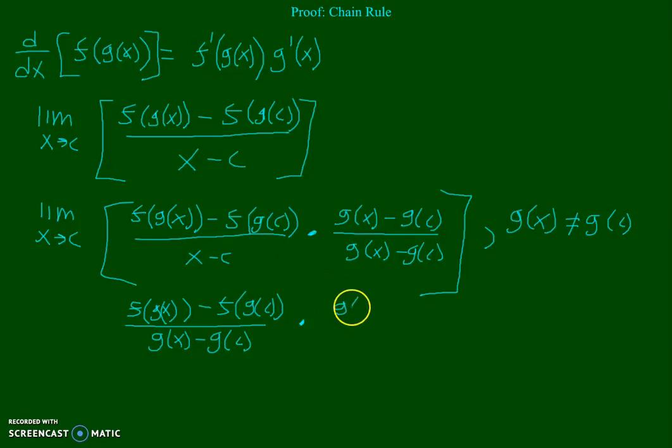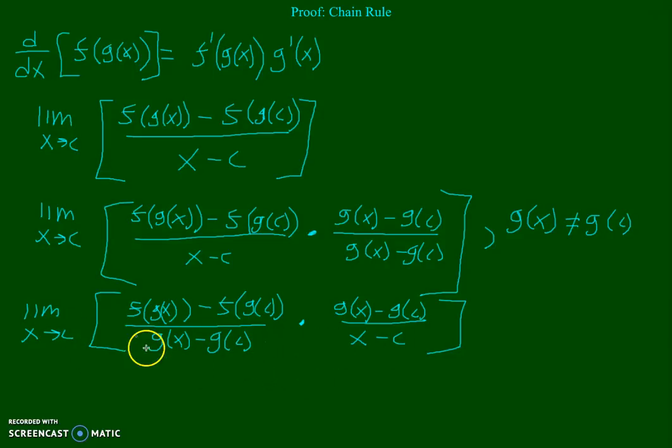So we have g of x minus g of c over x minus c. And we're taking the limit as x approaches c of this whole quantity.